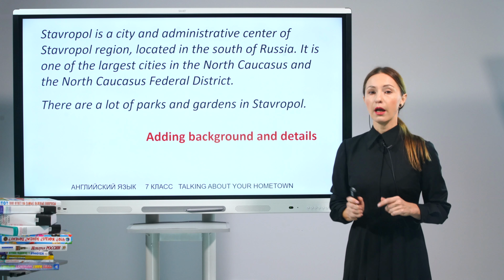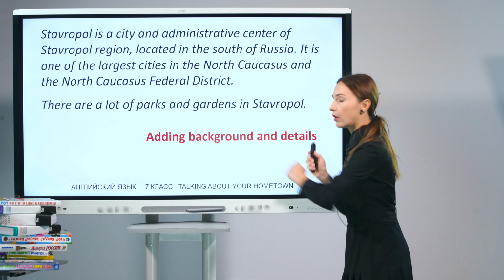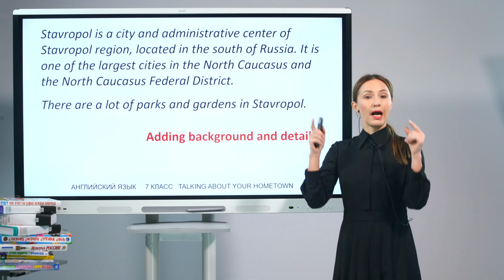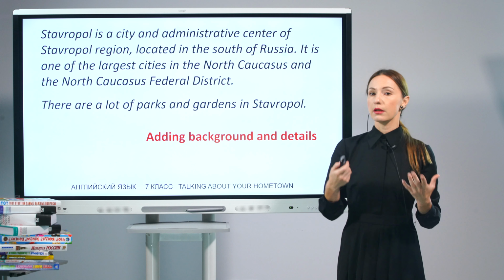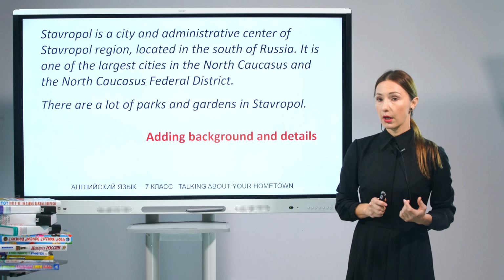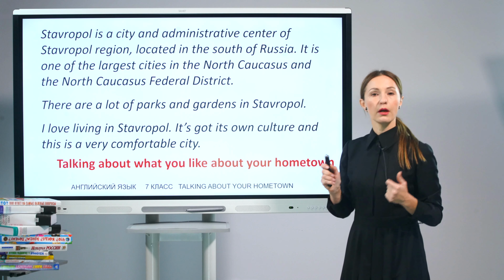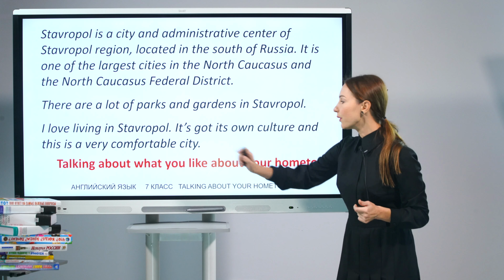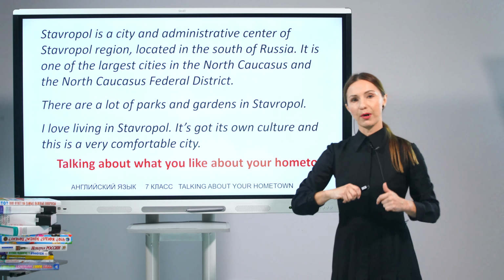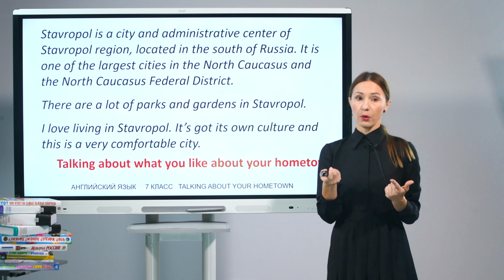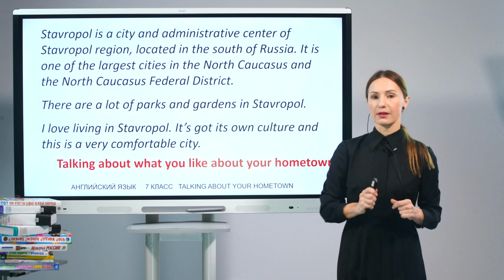Okay, guys, and now I have to add background and details. So, there are a lot of parks and gardens in Stavropol. You can add one more detail if you want, okay? After, I have to talk about what I like about my hometown. And in this part, I want to say that I love living in Stavropol.